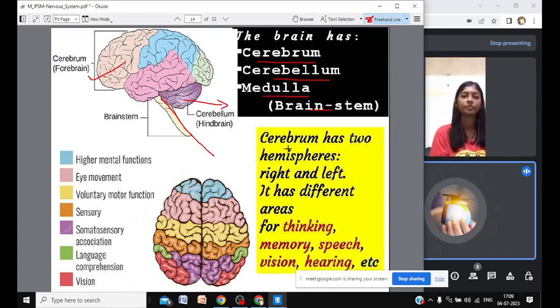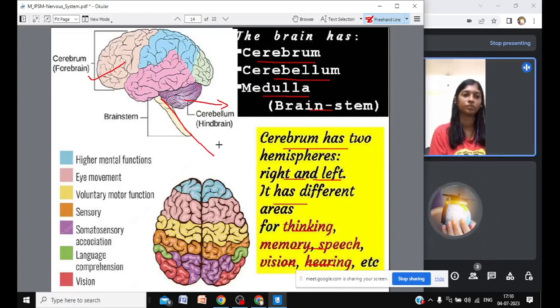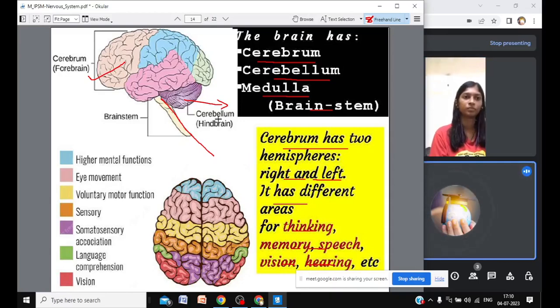Now, the cerebrum has two hemispheres, right hemisphere and left hemisphere, and it has different areas for thinking, memory, speech, vision, hearing, smelling. Which area controls which one is not important for the children, but different areas will control different activities.